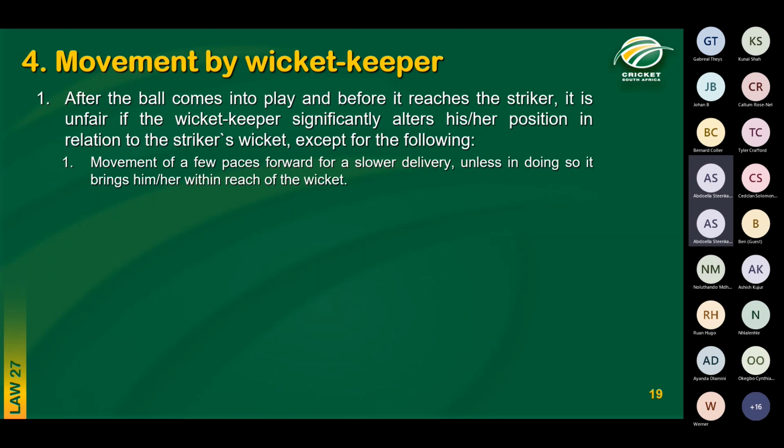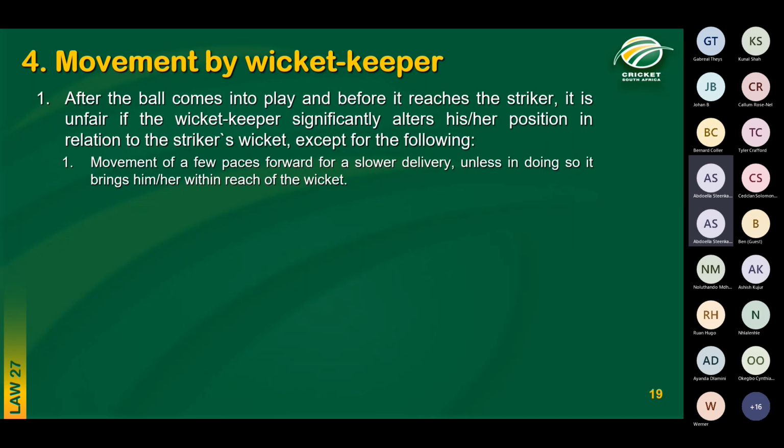The keeper is allowed to move a few paces forward for a slower delivery, just 1 or 2 steps forward, unless by moving a step or 2 forward it now brings the keeper within reach of the wicket. So let's say it's a medium pace bowler bowling, and the keeper is standing 2.5 or 3 meters behind the stumps.